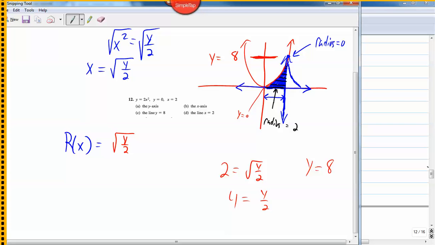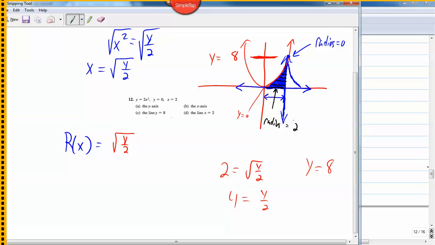Now, when y equals 8, what does the radius of the disk need to be? 0. When y equals 8, the radius of the disk needs to be 0. When y equals 0, the radius of the disk needs to be 2.